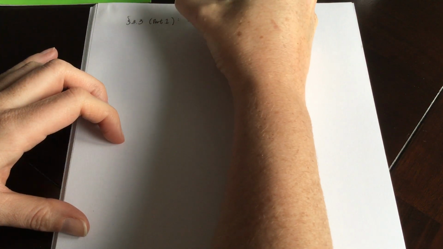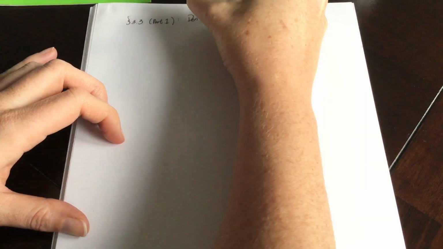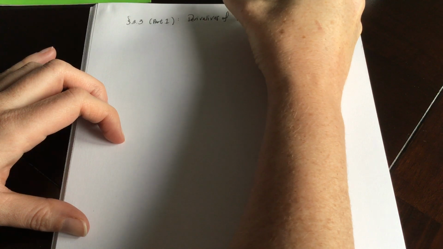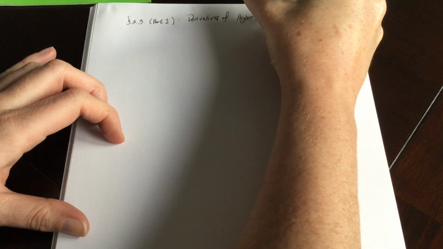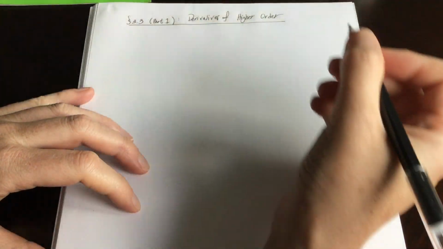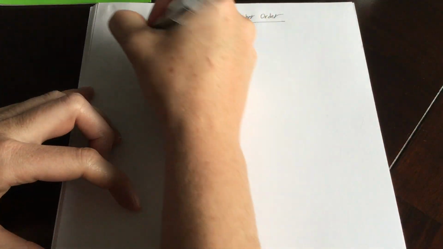Anyway, as far as going over it, basically we need to talk about what's called derivatives of higher order. Let's talk about that in terms of notation.